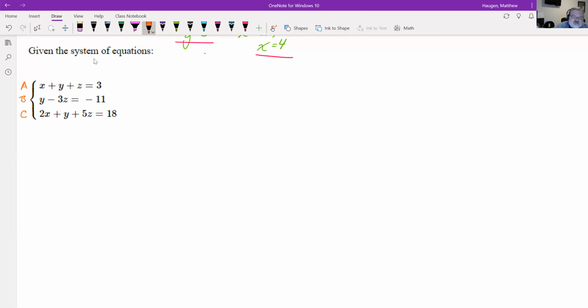But this equation B is already a line. Fair? So if we just take equation B and nothing else, we already have one line. So that's nice.